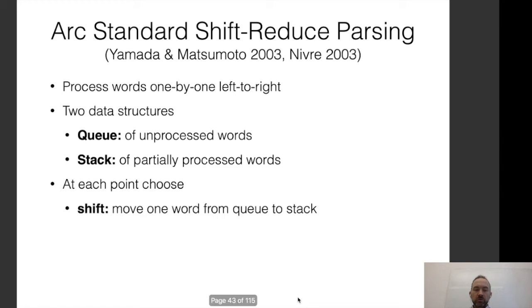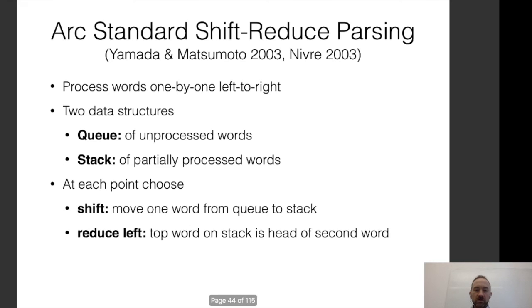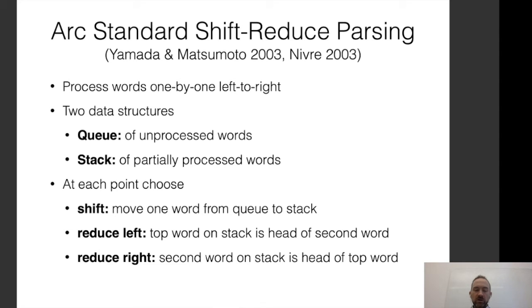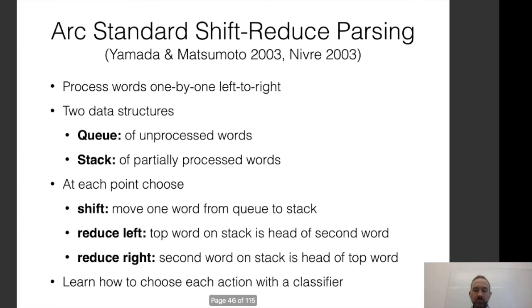And at each point, we choose to either shift, moving one word from the queue to the stack, reduce left, which takes the top word of the stack and makes it the head of the second word, and reduce right, which takes the second word of the stack and makes it the head of the top word. And we learn how to choose which action we use with a classifier.